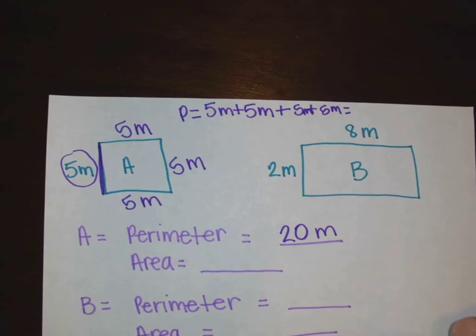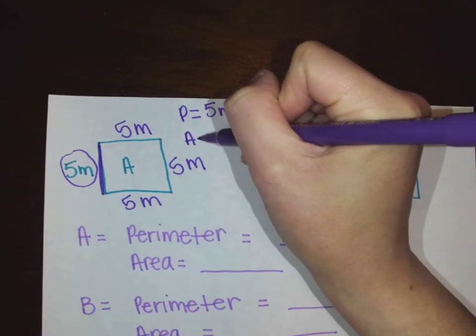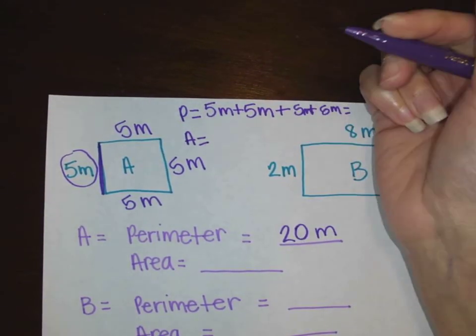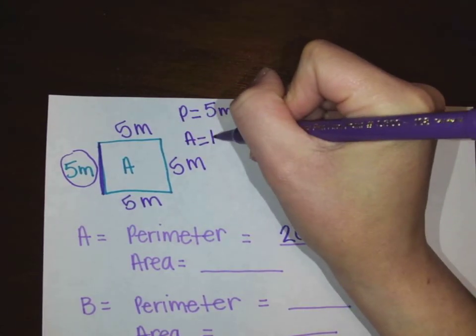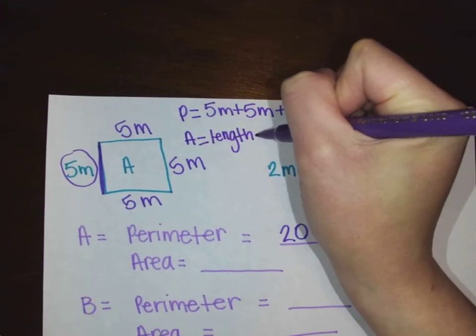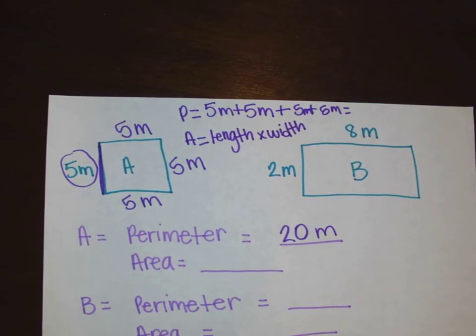Well, let's figure out the area for square A. I know area, we multiply. When we are solving for area for rectangles and squares, we multiply the length times the width. So we're multiplying 2 of the sides only.